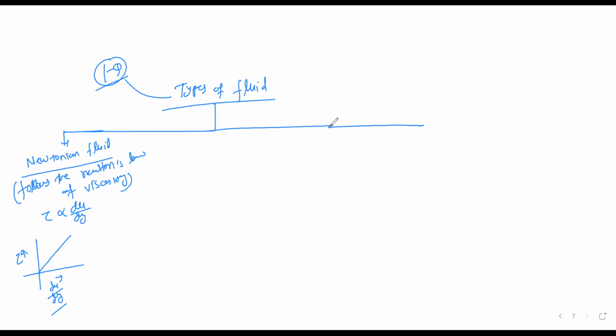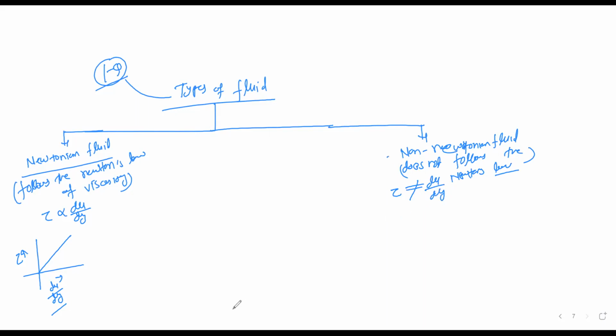The next type of fluid is the non-Newtonian fluid, which does not follow Newton's law. Tau is not proportional to du by dy.